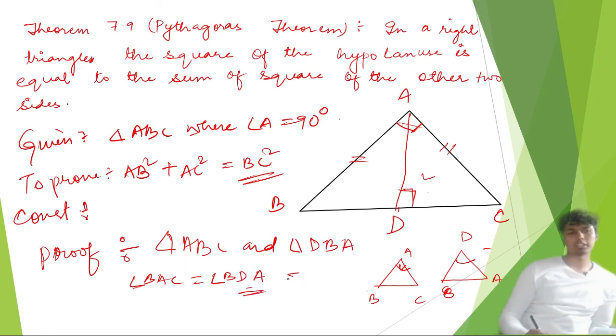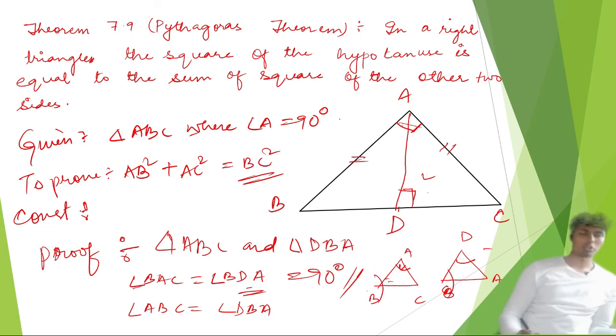These two angles are equal because they both are 90 degrees. It is already given. Another thing is angle ABC is equal to angle DBA. These two are also similar. So we can say by the similarity theorem that these two triangles are similar.